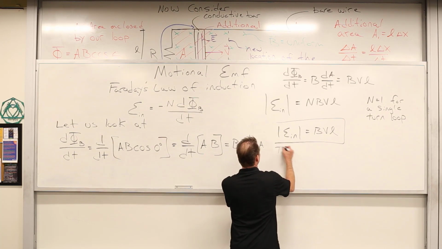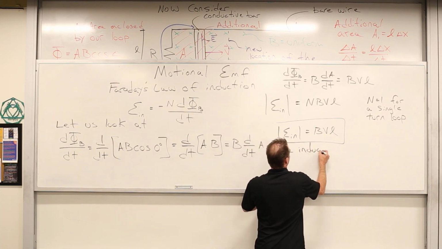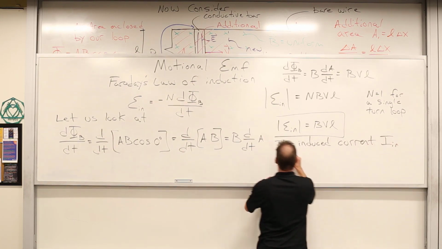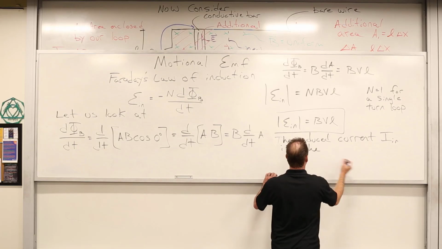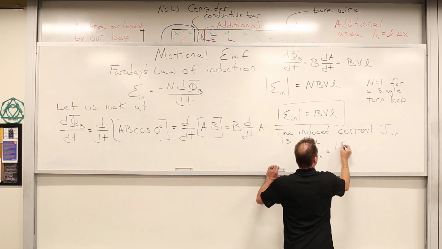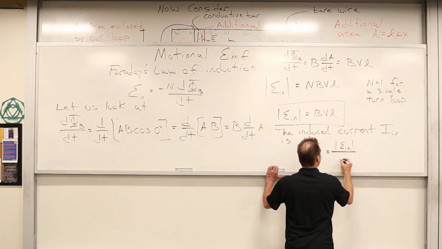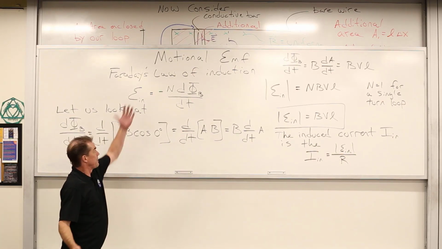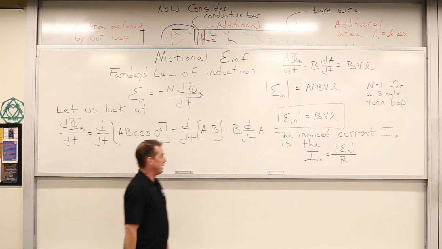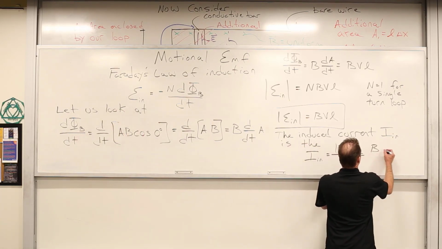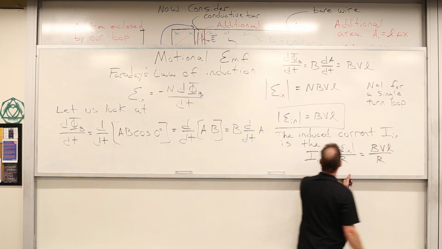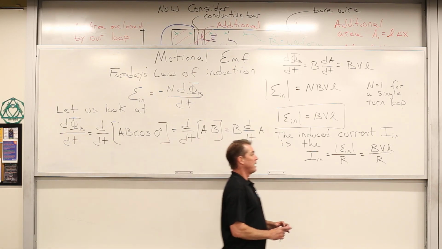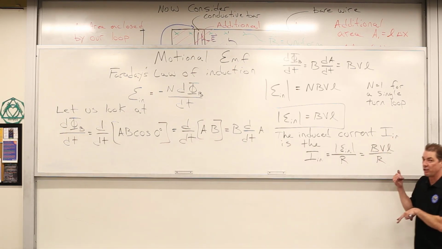The induced current, I sub in, is the absolute value of the induced EMF divided by the resistance of the loop itself, or the resistance of the resistor that we put in there, and that will then be BVL divided by R. The reason that we just take the absolute value of the induced EMF is because we're not worried about the polarization direction.